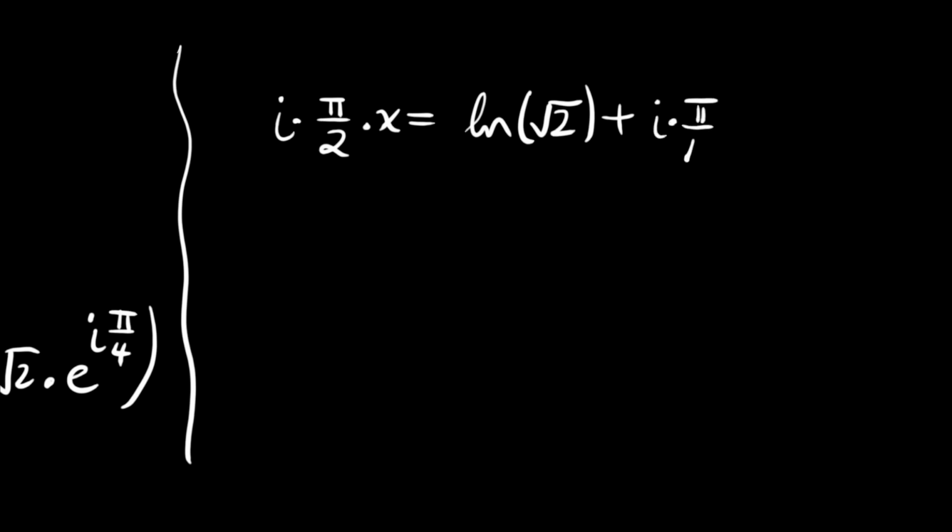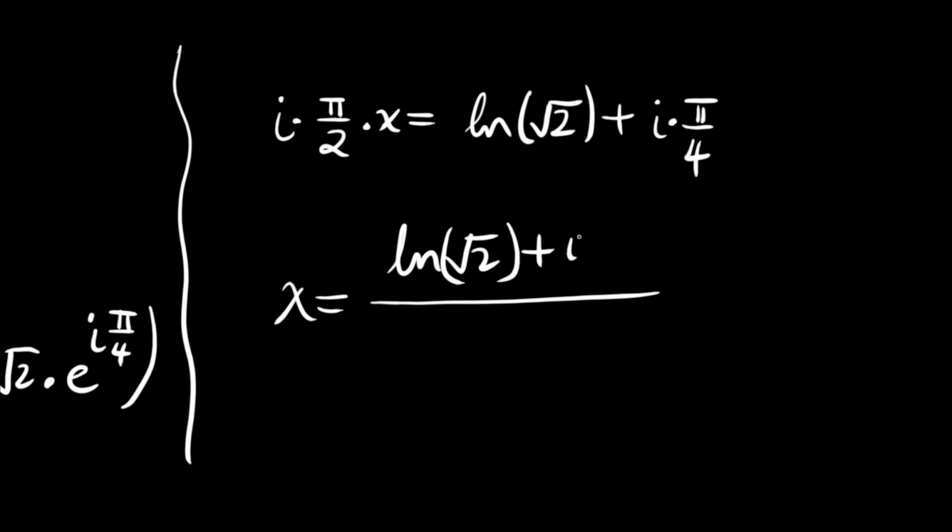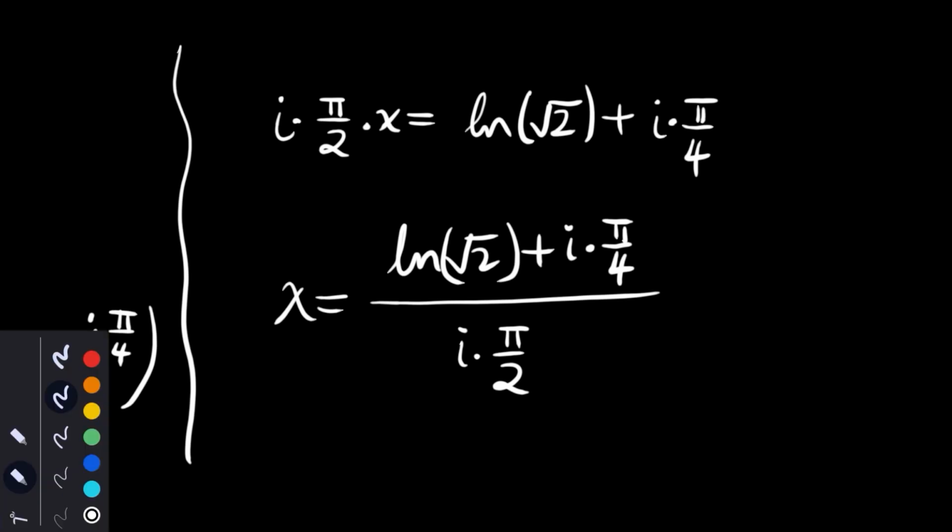Again, cancelling ln e, we will have the exponent i times pi over 4. So x is equal to ln root 2 plus i times pi over 4, all divided by i times pi over 2. This is the result.